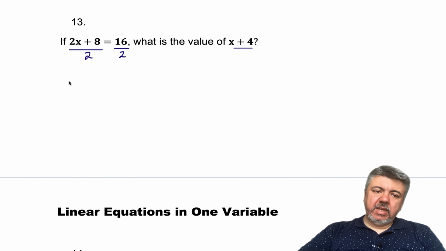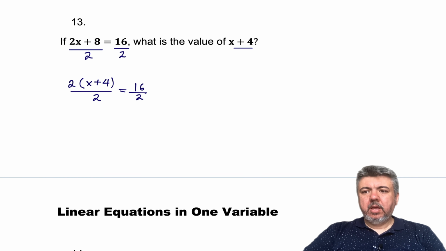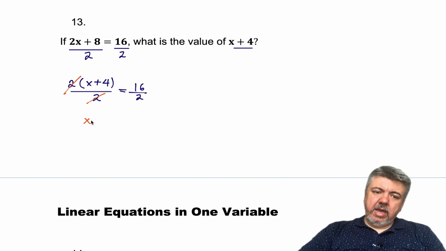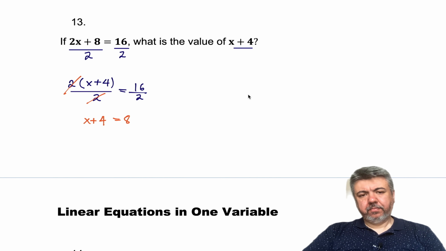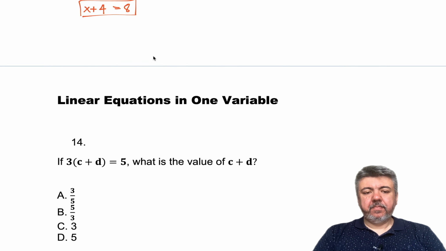So 2x plus 8 is actually 2 times x plus 4 over 2. And on the right, 16 over 2. Let's cancel 2's here. It's x plus 4 on the left and 8 on the right. So the answer, the x plus 4 value is just 8.